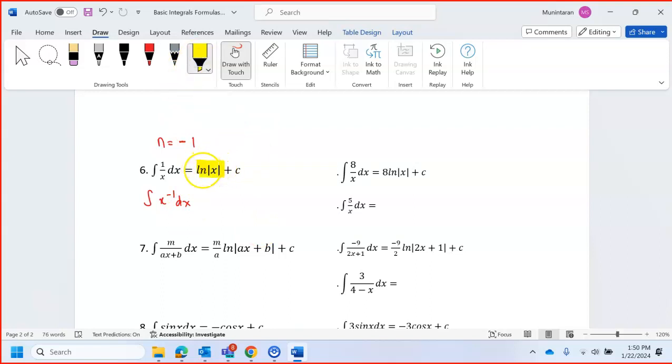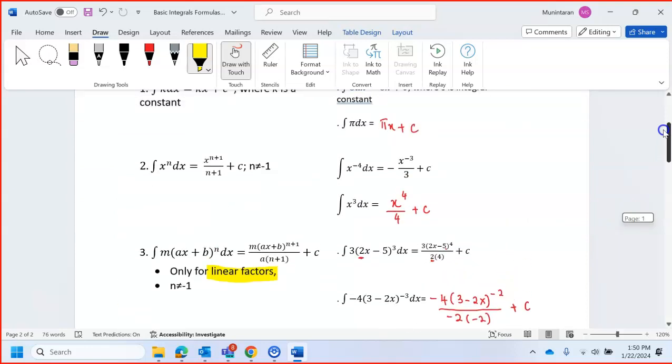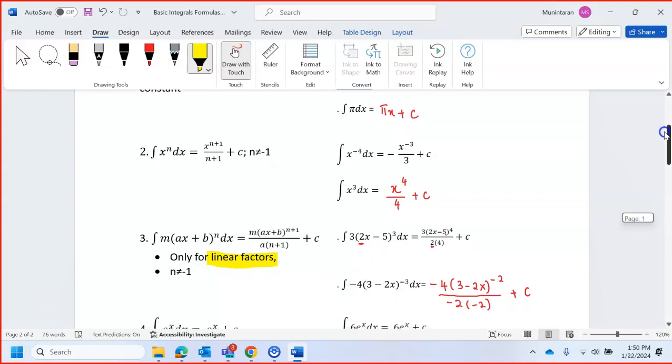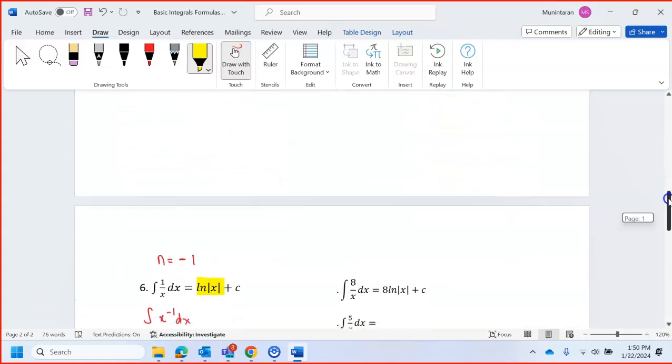The modulus is mandatory. If you do not have the modulus, -1 mark. Okay, it is only for -1. If it is x power to the -2, then you go back to your formula number 2. If it's -3, formula number 2, only -1.